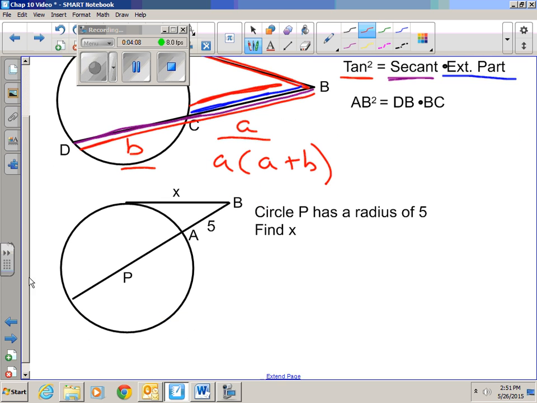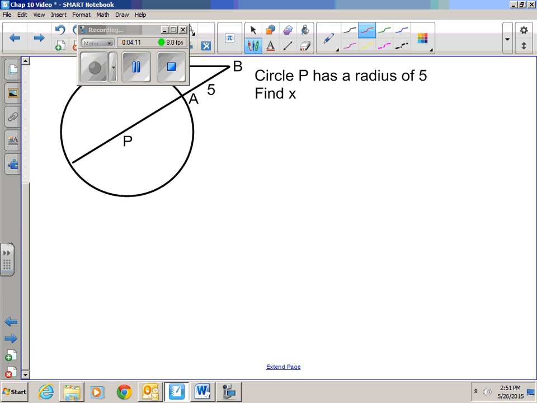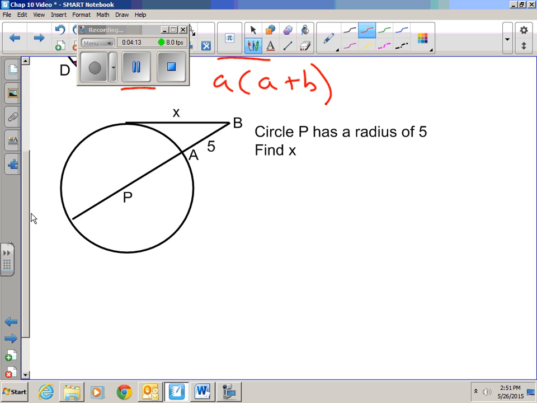So looking at this problem right down here, circle P has a radius of 5, so this piece is 5, which means also this piece is 5, which means my entire inside piece is 10. So now we are going to do the outside piece.